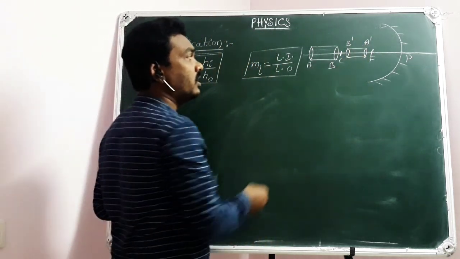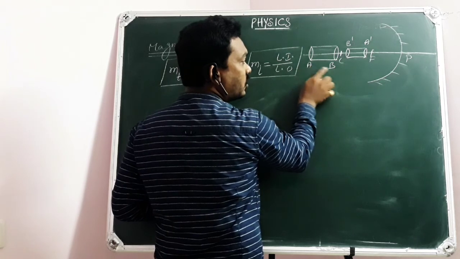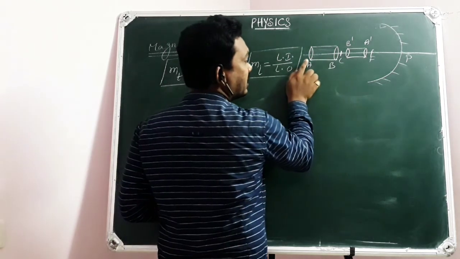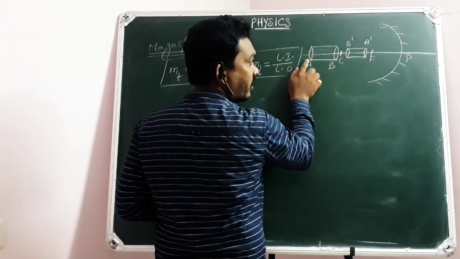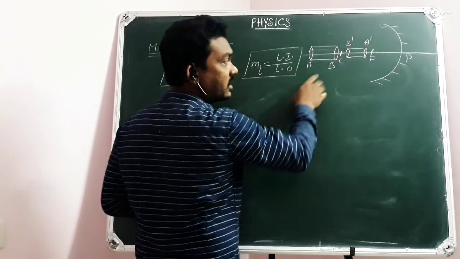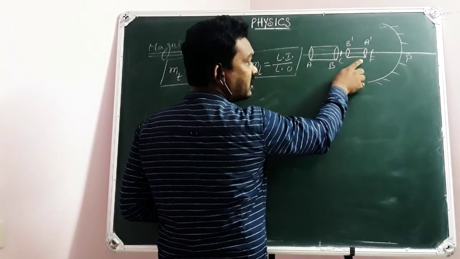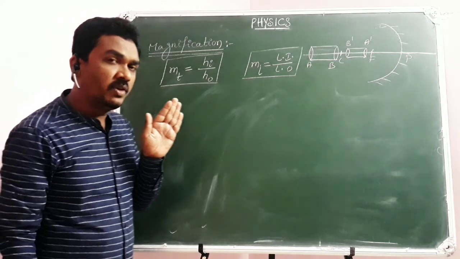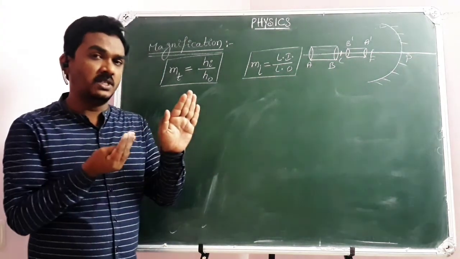Suppose A and B, the two ends of the object, are two point objects. As A is far away from the mirror, its image will be close. As B is close, its image will be far. Because in the case of spherical mirrors, if the object is moving in one direction, the image moves in the opposite direction.